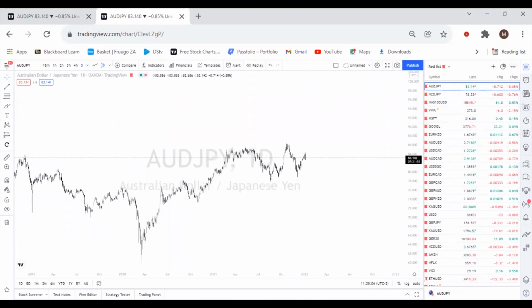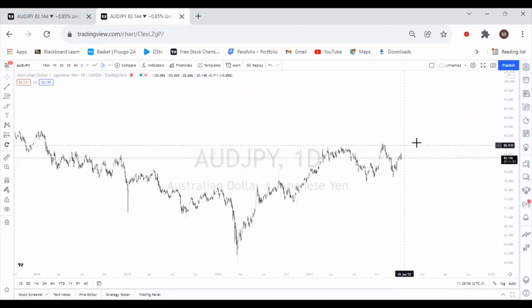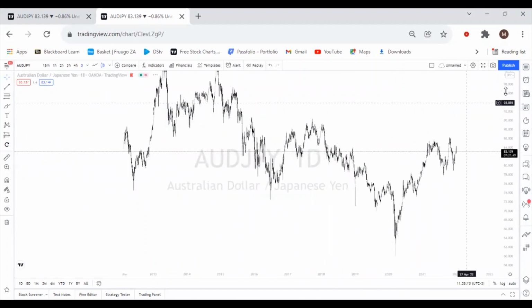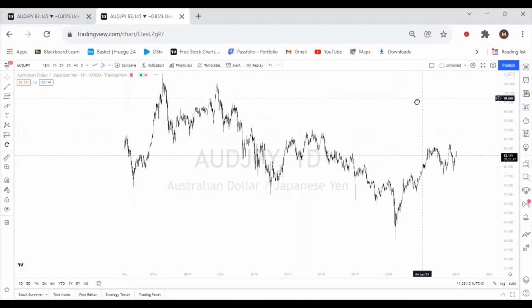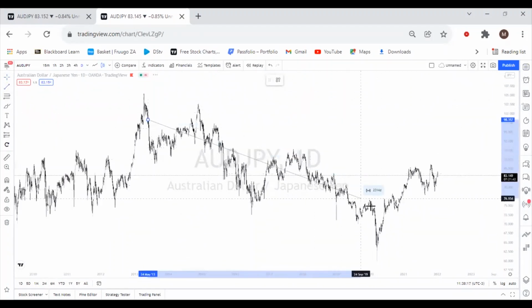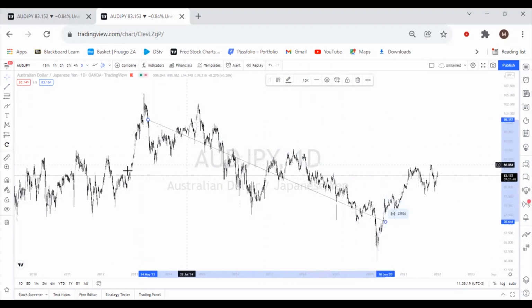So I'm gonna maximize my screen. As you can see, we have this historical downtrend since early, I think 2013 Jan, around there.